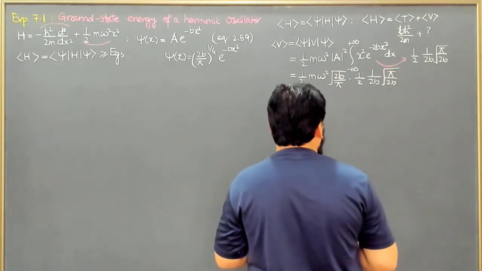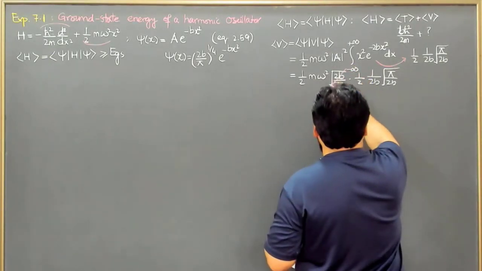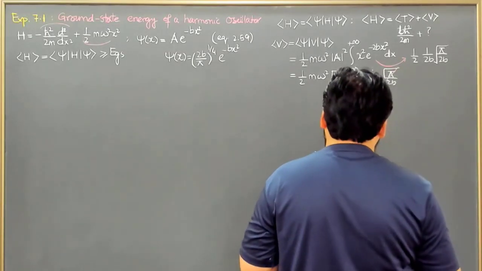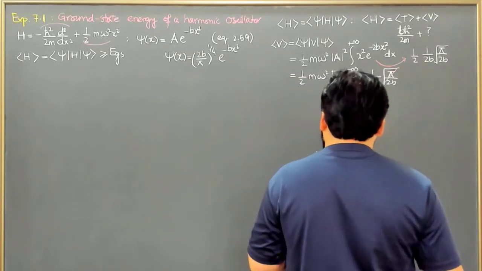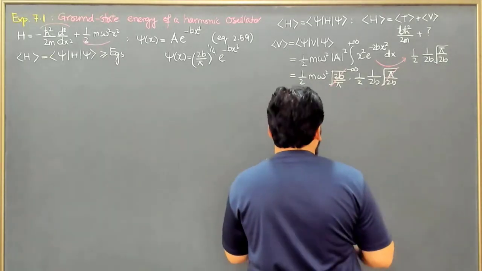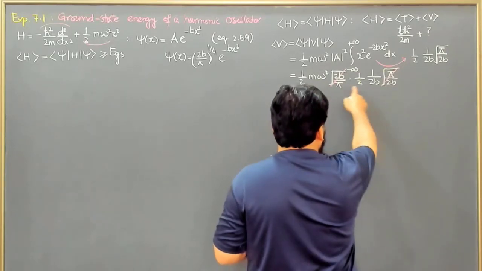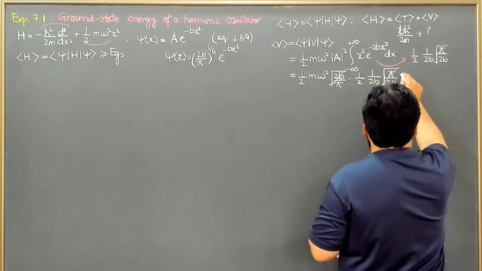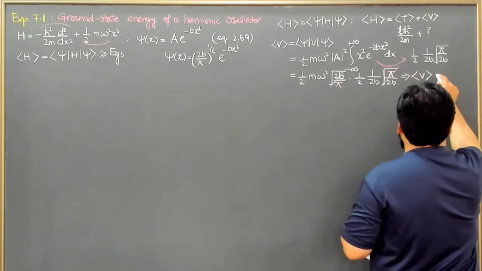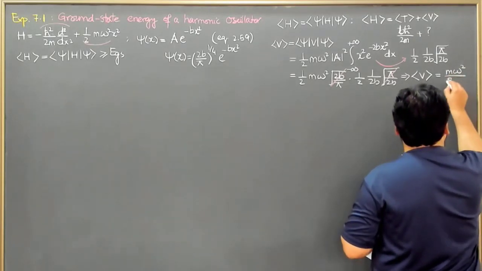So we are having some cancellation, and 2b over π is gone with π over 2b, and then we have 1 over 2, 1 over 2, and 1 over 2 will become 1 over 8, m ω² over 8b. So the expectation value of v comes out to be m ω² over 8b.